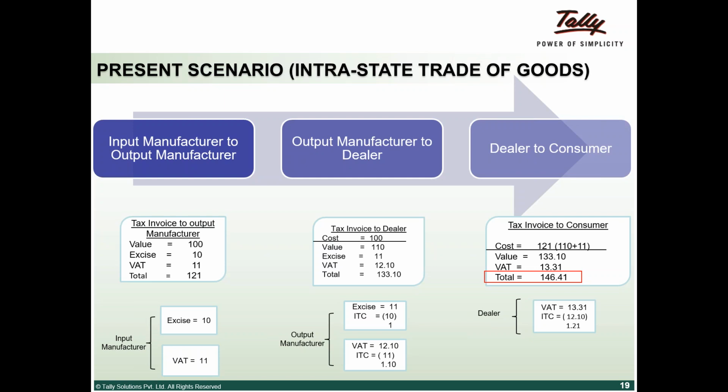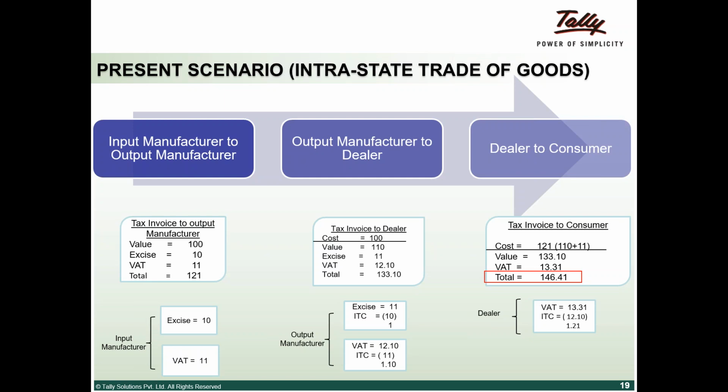First, the input manufacturer sells it to an output manufacturer. When the input manufacturer raises a tax invoice to the output manufacturer, how does it look? Basically his value is 100. I'm assuming that in all the cases it is 10% excise duty and 10% VAT which is applicable here. In the first tax invoice, the value is 100, excise duty is 10, that is 10% of that, and VAT is 10% again on value and excise duty, which is 11.